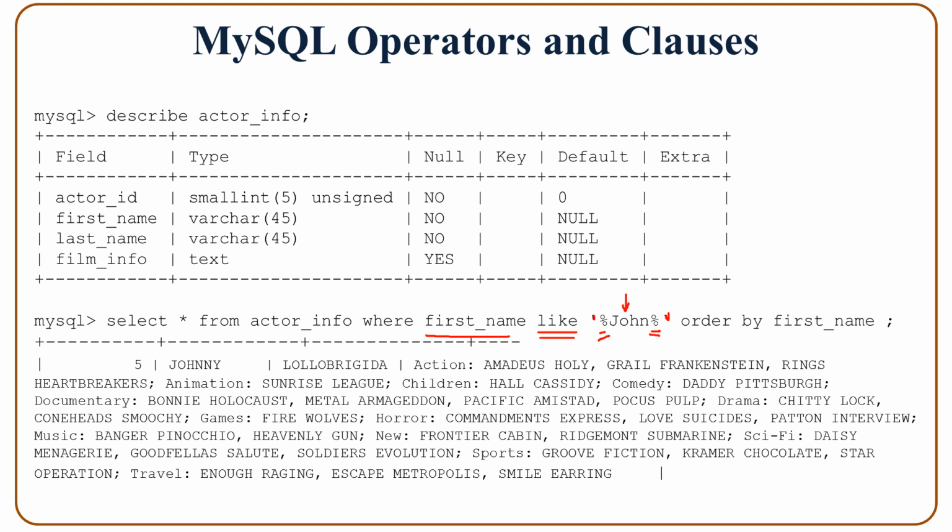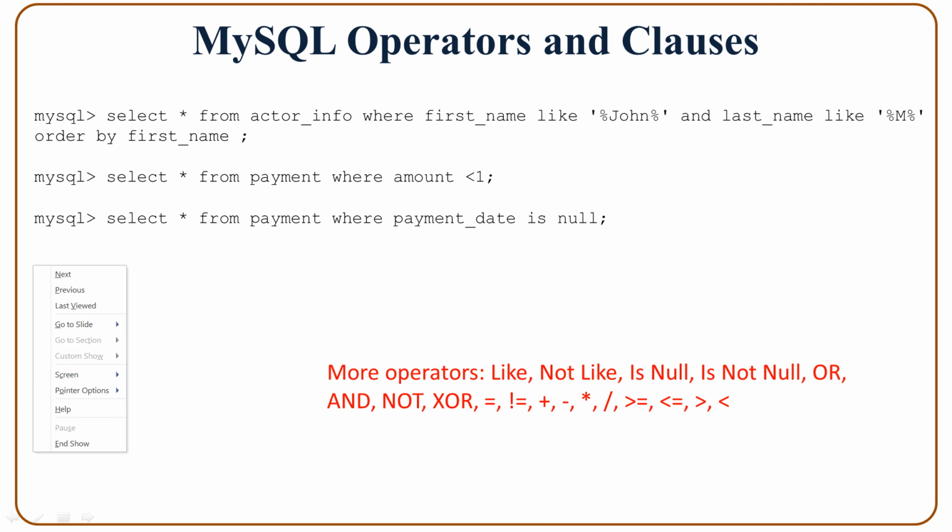This is another example, and in this example you have AND to combine the first condition and the second condition. And there are some other examples.